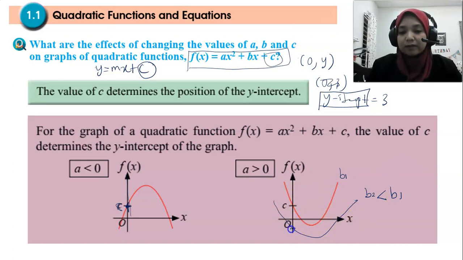So, kalau ada graph macam ni pun, graph awak jangan ingat dia mesti ada intercept macam ni saja. Tak semestinya. Some of graph, dia boleh jadi macam ni. Betul-betul at one point saja. Dia boleh jadi macam tu. Cuma saya nak awak kena pasti position dulu untuk kali ni.